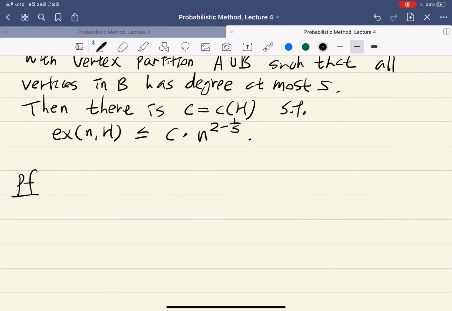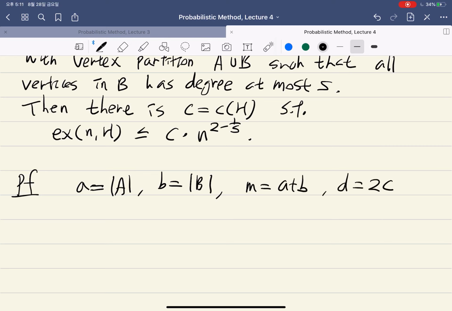How do we prove it? We let A be the size of A, B be the size of B, M be, say, A plus B, and D be 2 times C times n to the 1 minus 1 over S, where C is some number bigger than 3 times a constant. These numbers are chosen so that later we can actually embed vertices in H into vertices in G one by one, and make sure that no bad thing happens.